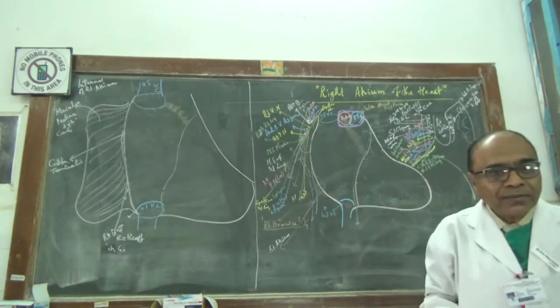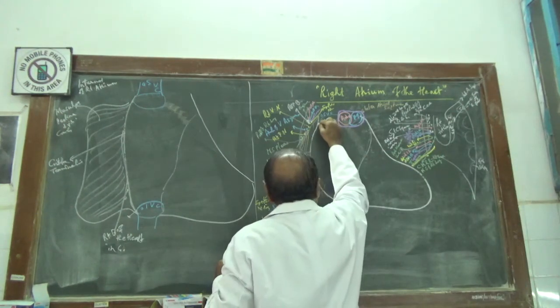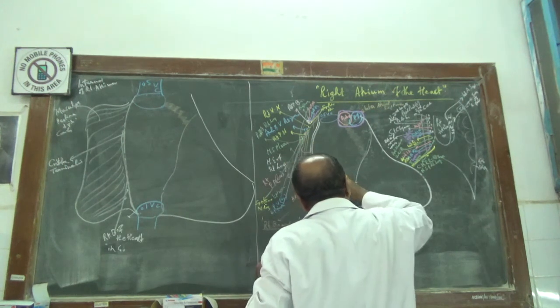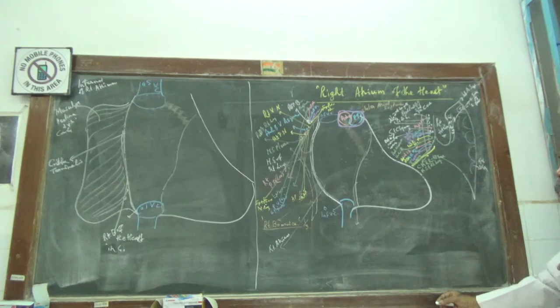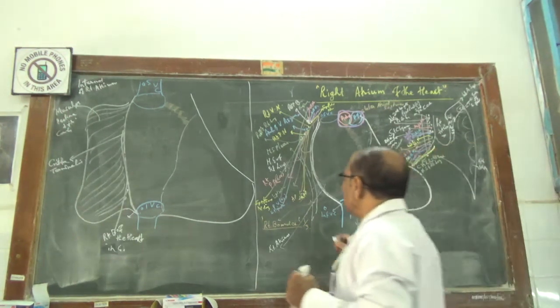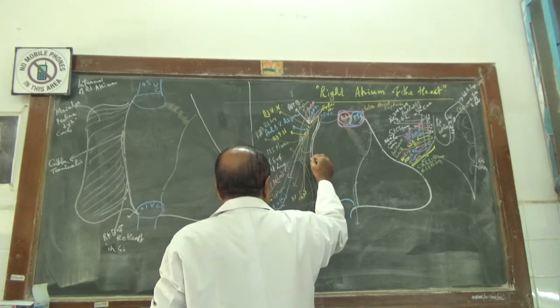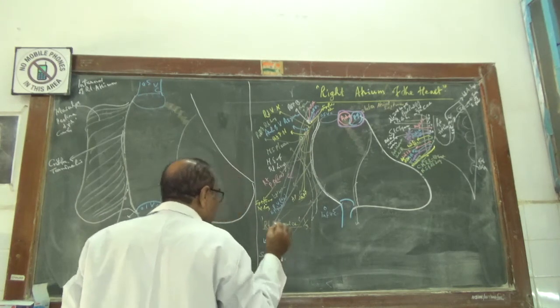Externally this corresponds very close to the right border of the heart in general, and the right border of the right atrium in particular, the sulcus terminalis.